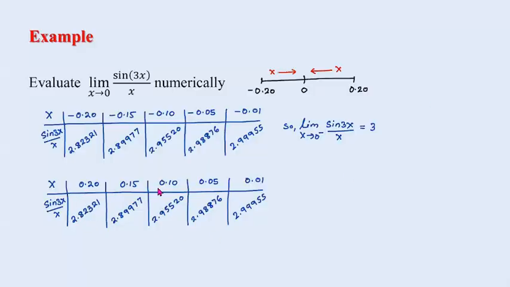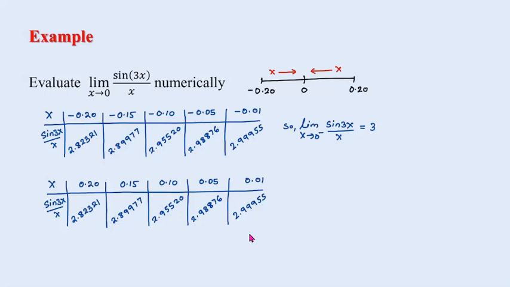So now when we plug in these values, this is what I got. You can see these are similar values to the previous table: 2.82, then 2.899, 2.955, 2.988, and 2.99. So clearly you can see that the right-hand limit is also 3.